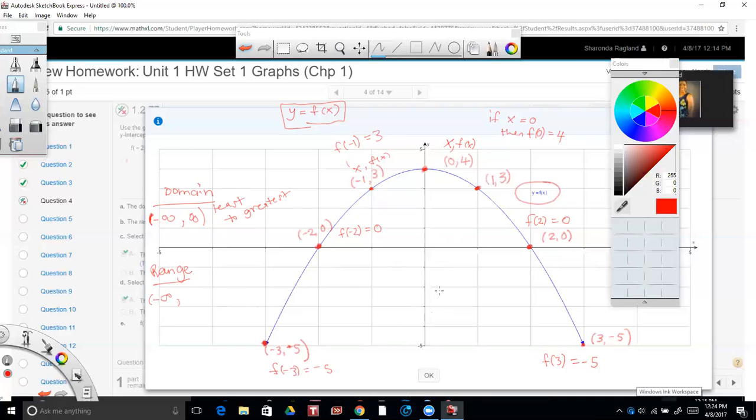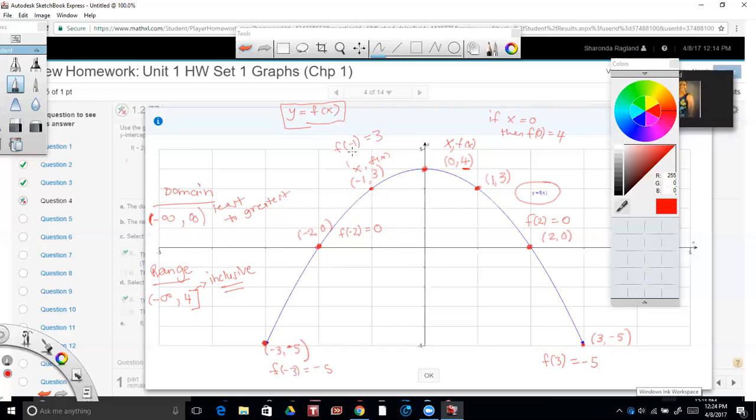And then the highest, we stop here. This is the highest point. That's the peak point, the maximum point. So the y value for that corresponds to the 4. So that's 4, and we close it because that's inclusive. This bracket means inclusive. So that's the domain and the range of this parabola here.